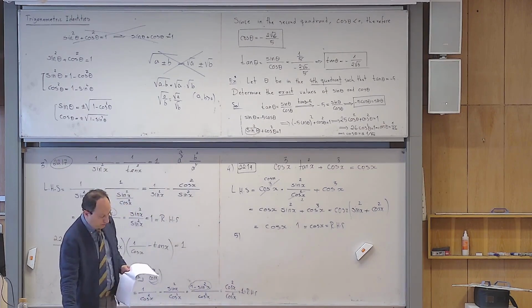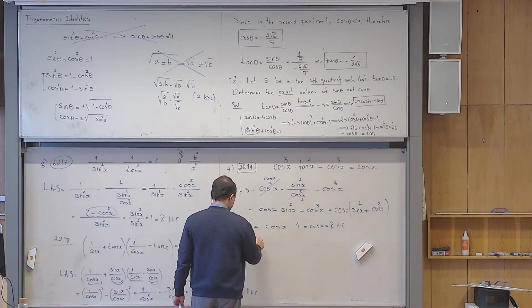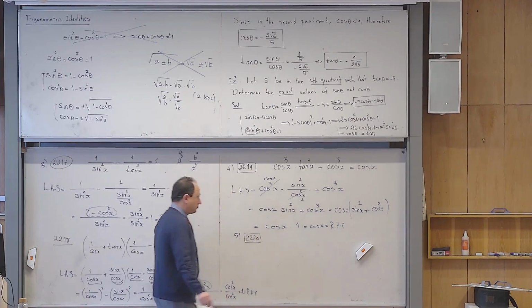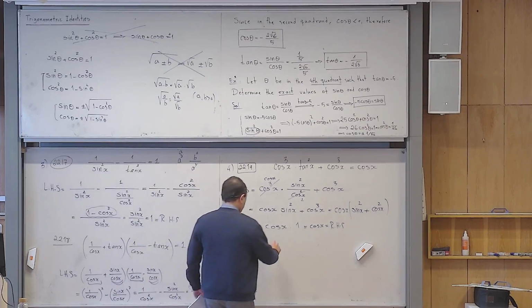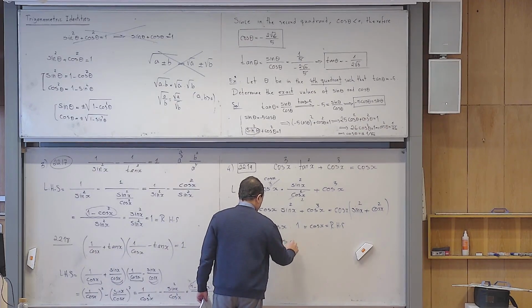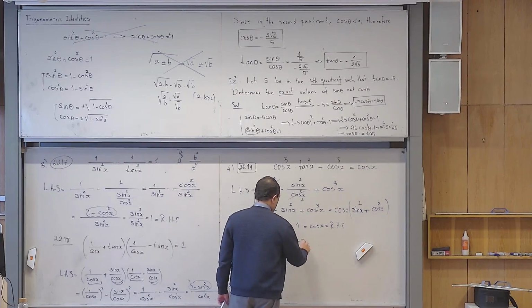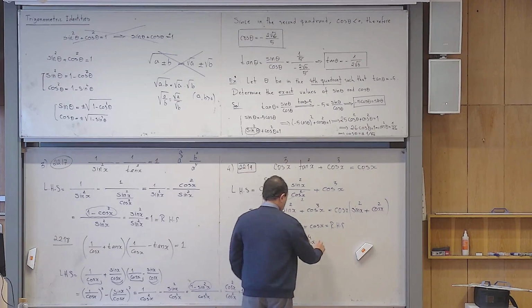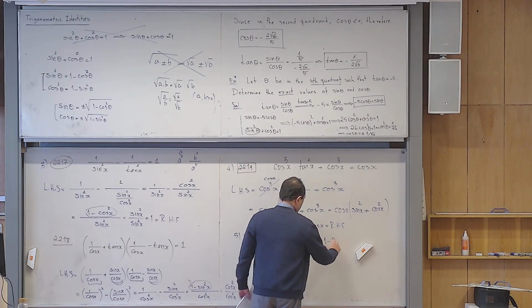This is problem 2220. Yes? We want to show that cosine alpha to power 4 this time minus sine alpha to power 4 is equal to 1 minus 2 sine alpha squared.